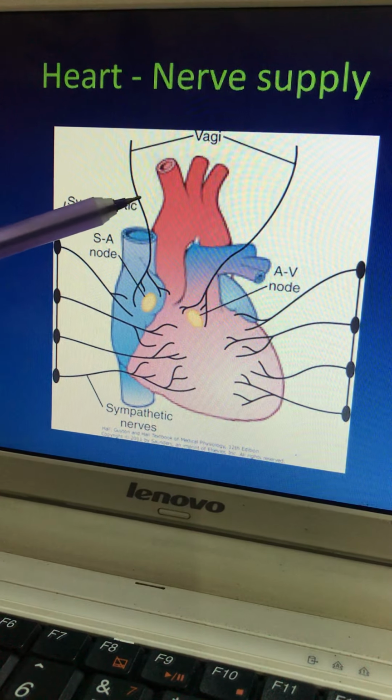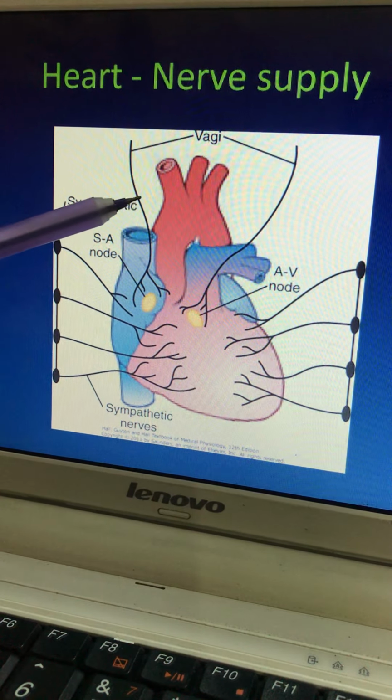And observe in this figure that sympathetic nerves supply the ventricles, and for this reason sympathetic nerves control the force of contraction. The conclusion of this diagram is that the vagus nerve or parasympathetic supply regulates or decreases the heart rate predominantly, and sympathetic nerves increase the force of contraction, that is, they control the force of contraction predominantly.